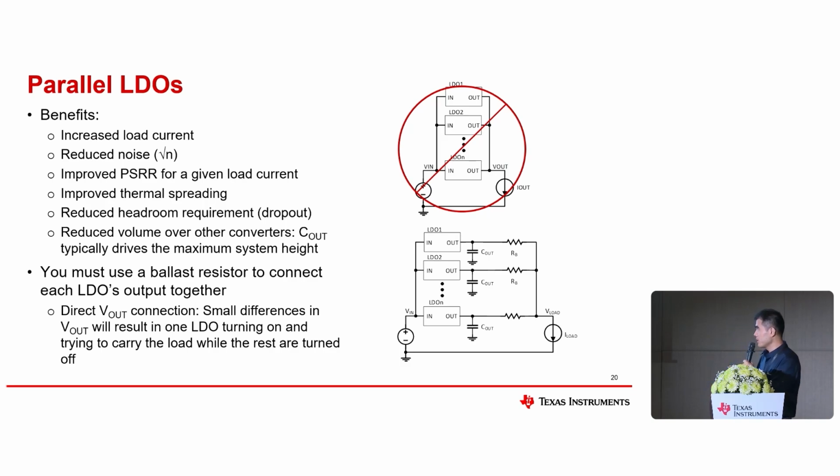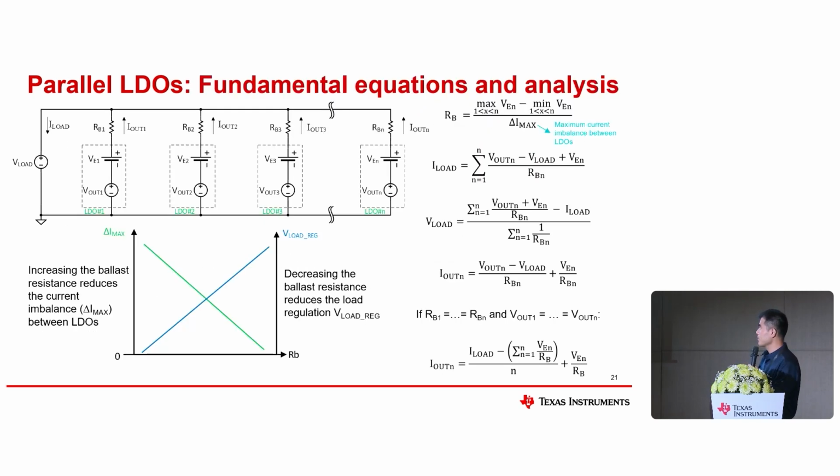So how can we calculate the value of the ballast resistor? This is a model for multiple LDOs in parallel.